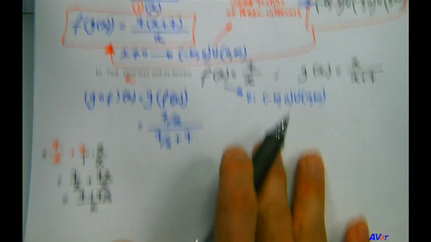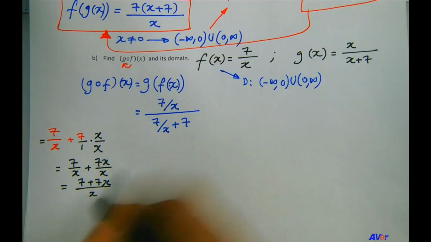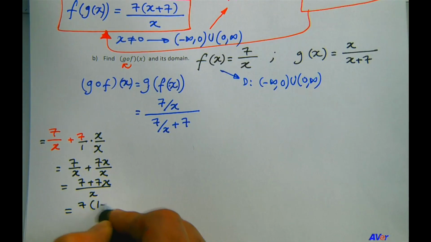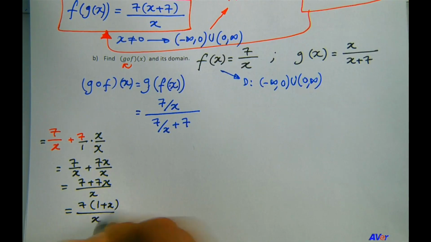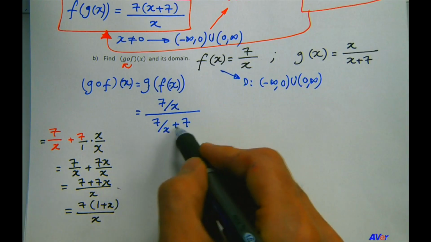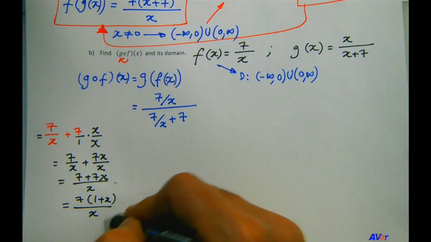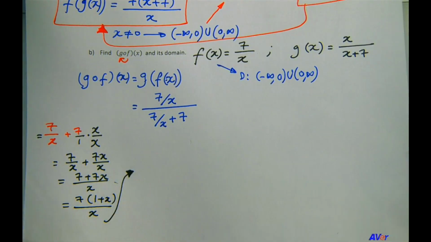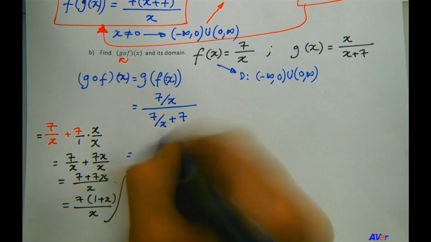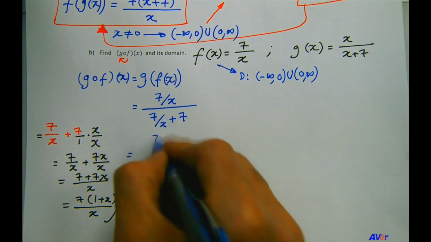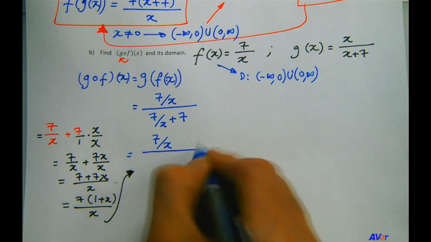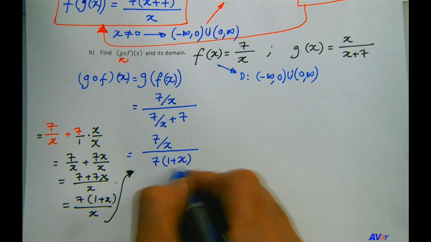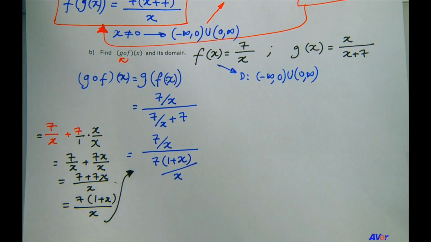So now we're going to put all of that, and we can factor it, right? 7 times 1 plus x over x. That's all of that in the denominator here. Like that. So we have 7 over x in the numerator divided by 7 times 1 plus x divided by x, right?